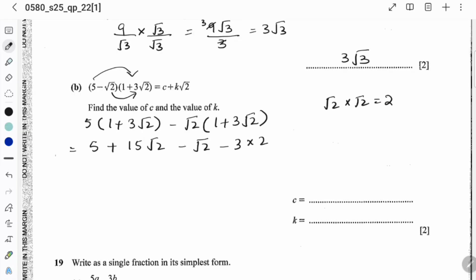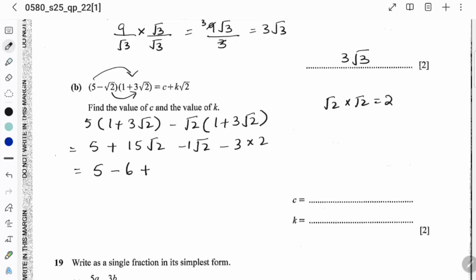All right, now this is 6, 3 into 2 is 6. So 5 minus 6, we'll do it in the next step. So that is equal to 5 minus 6 plus 15 square root 2 minus 1 square root 2, because nothing is written, it means that it is 1.